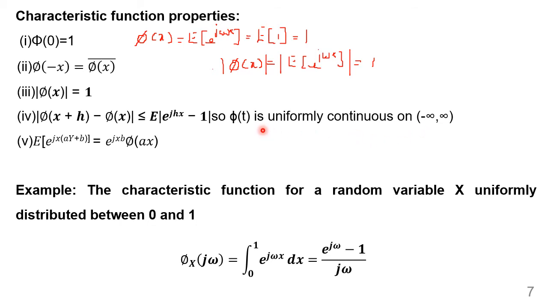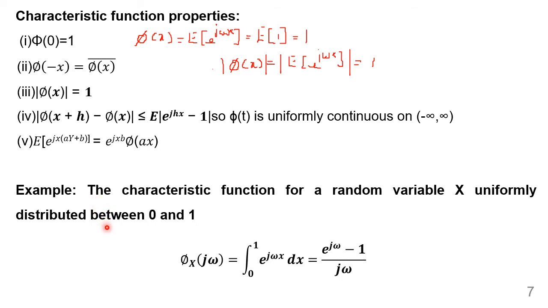All these characteristic functions for different functions we will be deriving later. Fifth one, expectation of e to the power jx, ay plus b, is always equal to e to the power jxb times the characteristic function of x.